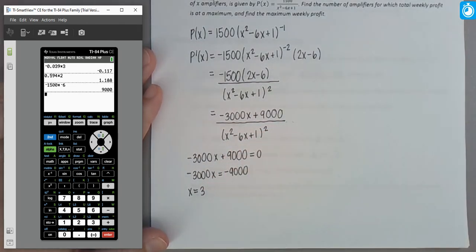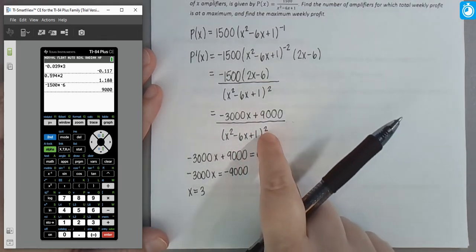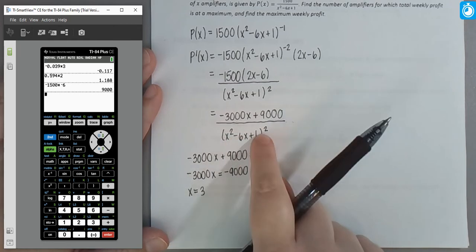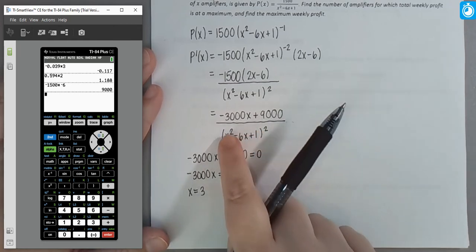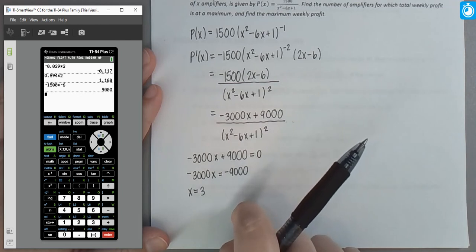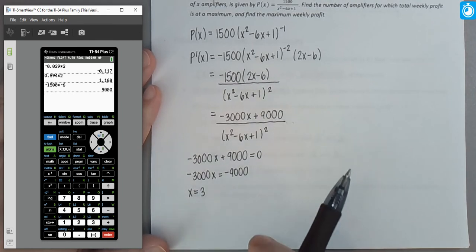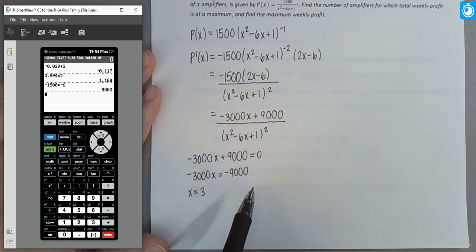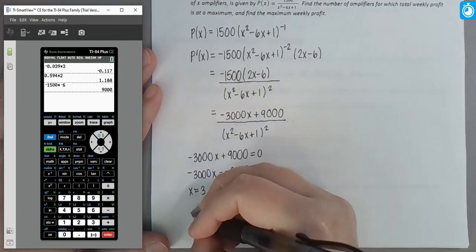Okay. What about our denominator? We have an exponent applied to this expression, but think about this for a minute. If the denominator is 0, we had to take something and square it and get 0. The only thing we can square to get 0 is 0 itself. So if the whole denominator is 0, that means the expression in parentheses had to be 0.